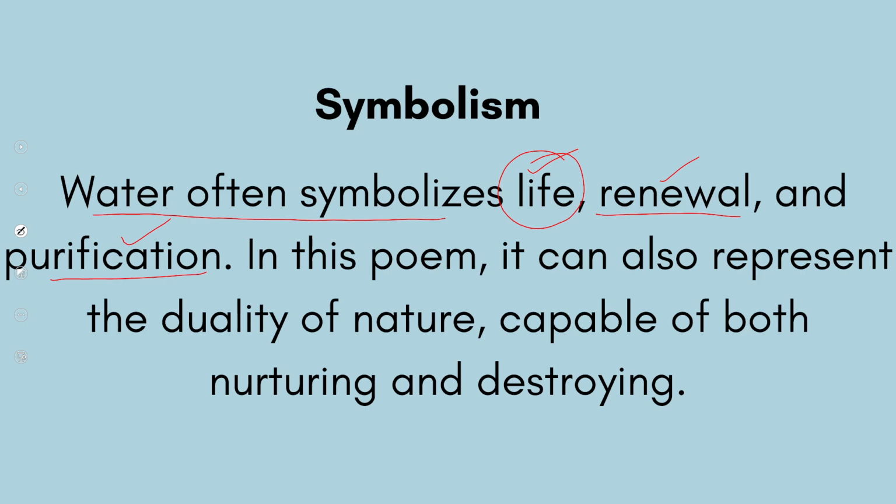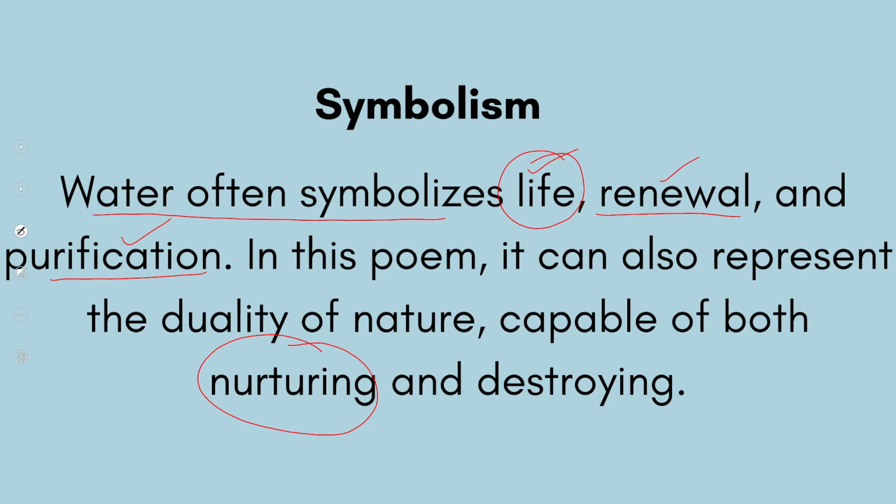In this poem, it can also represent the duality of nature, capable of both nurturing and destroying. How? It depends upon how we use it and how much water there is. If we are talking about floods, we know that floods have a destructive quality. Floods destroy civilizations, but they also nurture with vegetation, and give us food as well.